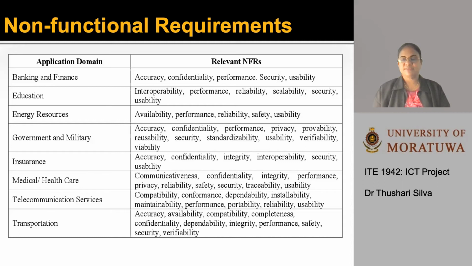It is very sensitive, about a specific person. Interoperability, security, usability. Those are the aspects that you need to think of. Now think about the medical and healthcare. There, confidentiality, integrity, performance, privacy, reliability, safety, security, traceability, usability. So all these matter a lot.